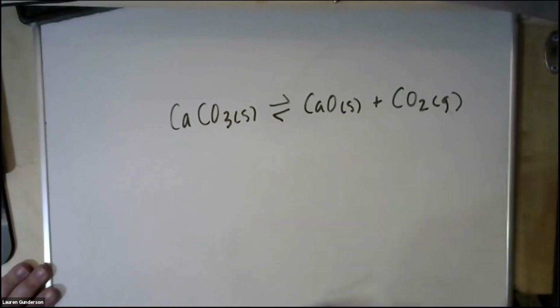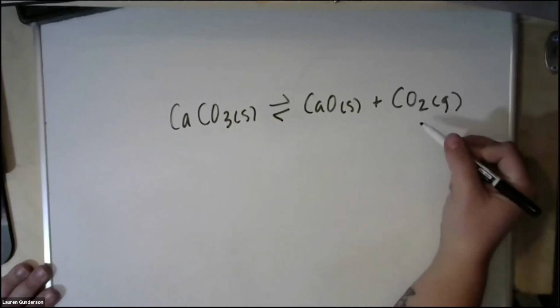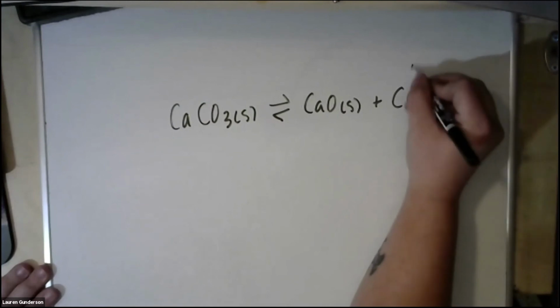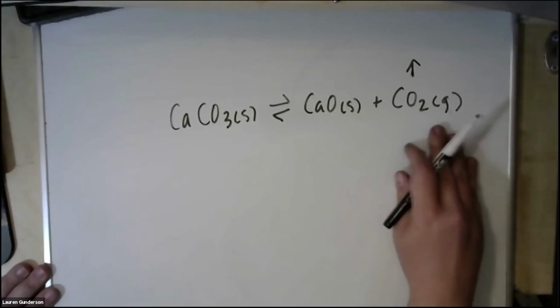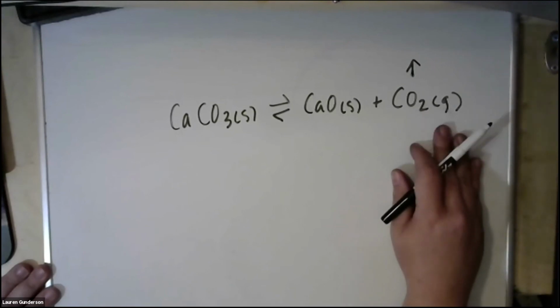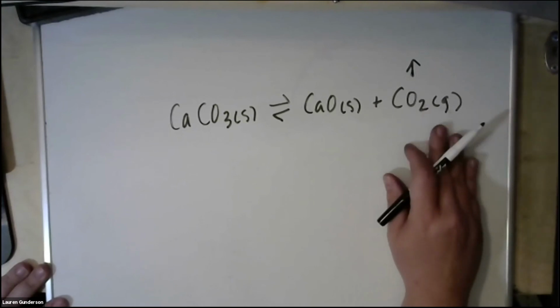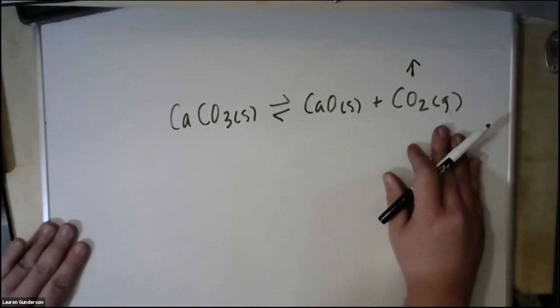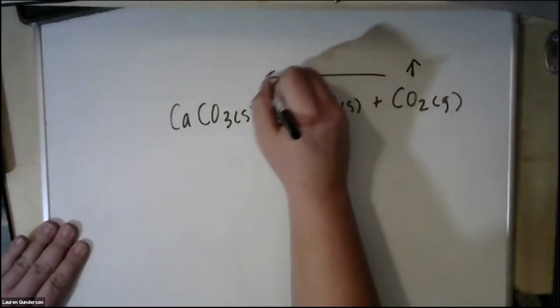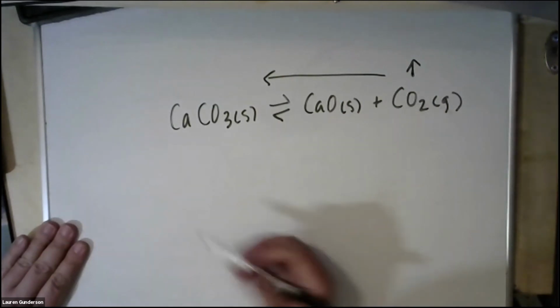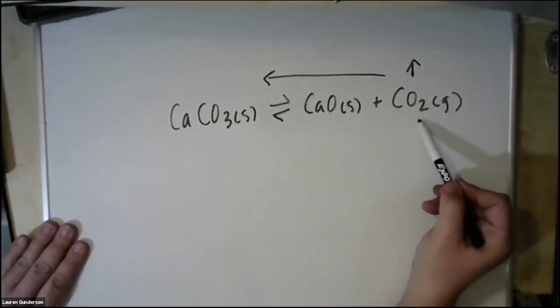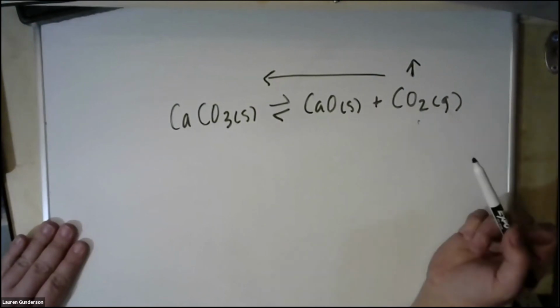Okay, so if you add additional CO2 to the reaction mixture, that means that you have too much product. So it's going to throw off your Q value. You could think about it that way. If you have too much product, then the reaction is going to shift in the direction to get rid of some of that. Okay, so it's going to shift to the left to get rid of some of this extra CO2 that we put in.